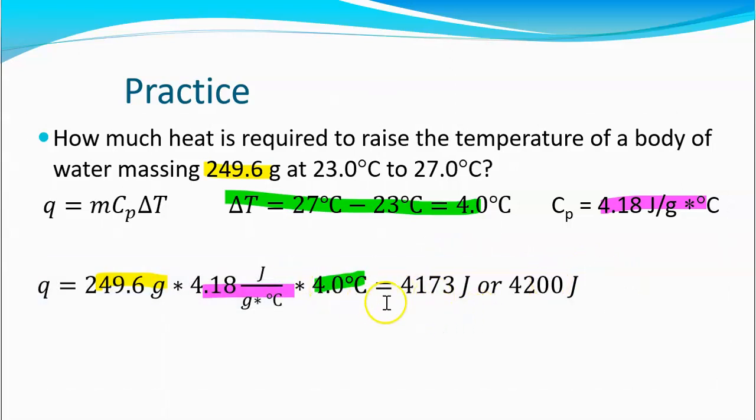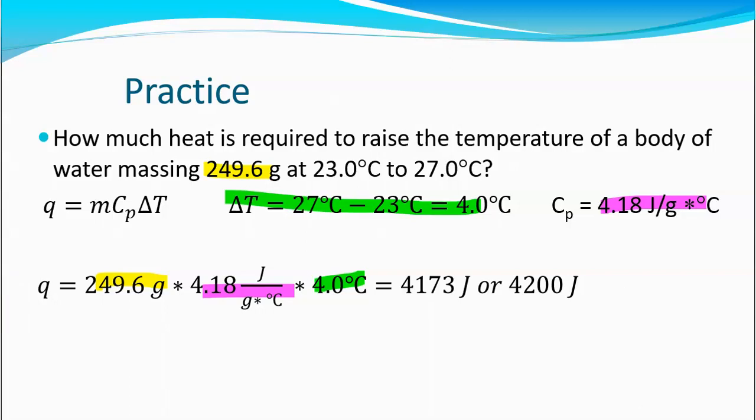So I get 4,173. So actually, really, I have 2 significant digits here because that's 4.0 C. So 4,200 joules or 4.2 kilojoules would be an acceptable way of putting that.